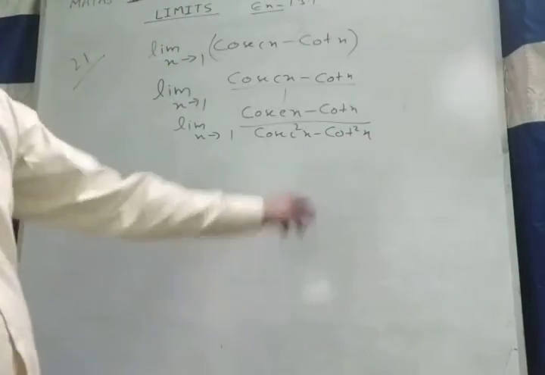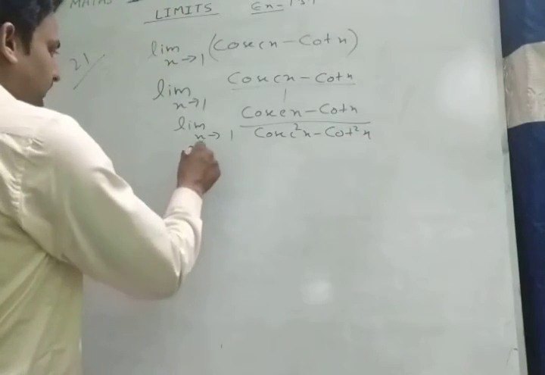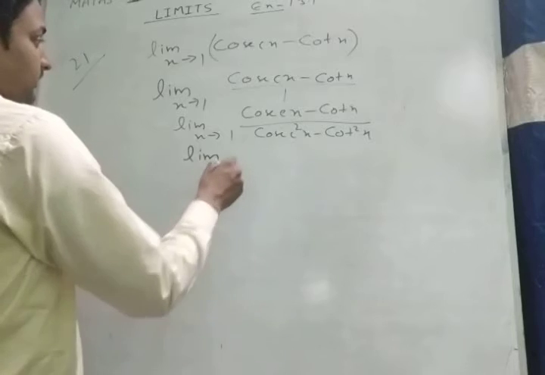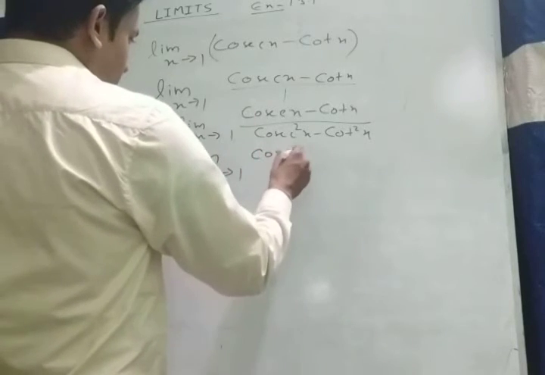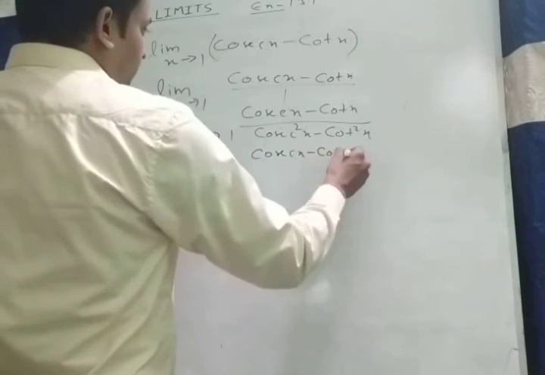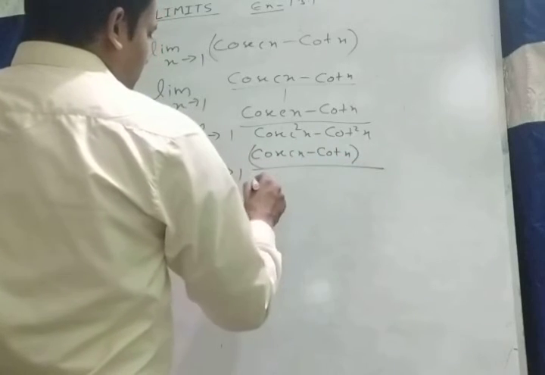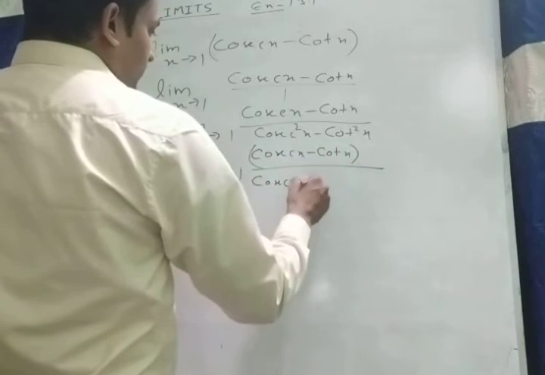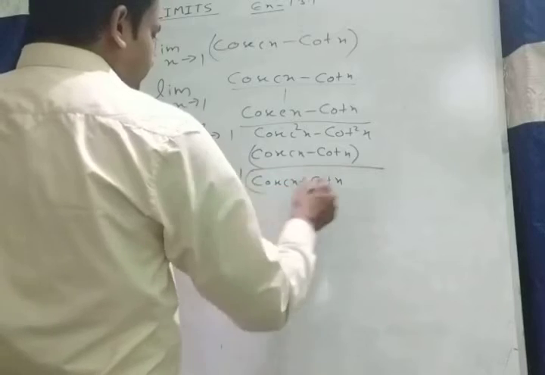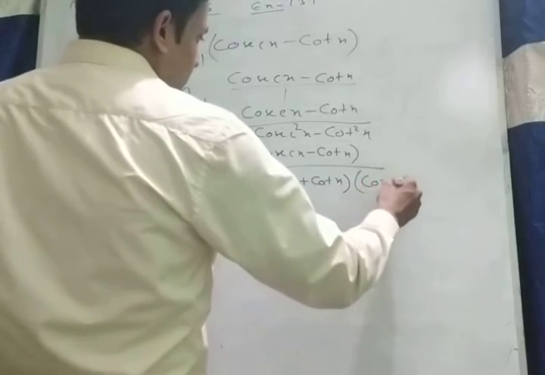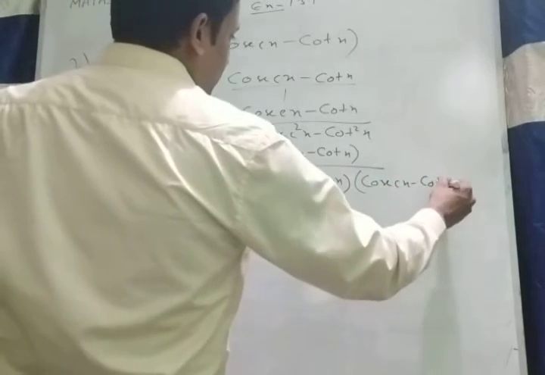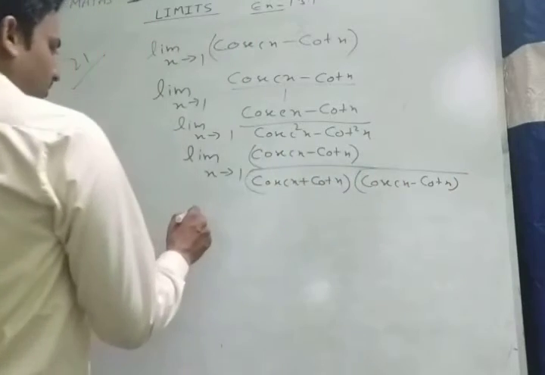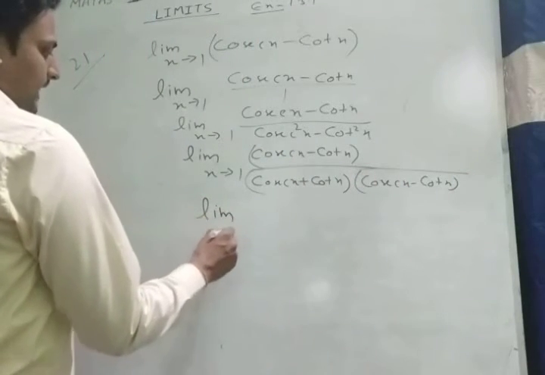We can write the identity. So limit x tends to 1, cosec x minus cot x, cosec x plus cot x, cosec x minus cot x. Okay. Limit x tends to 1.